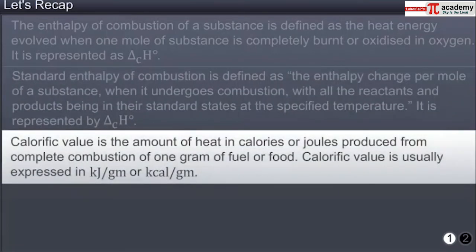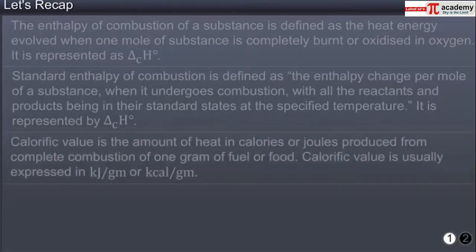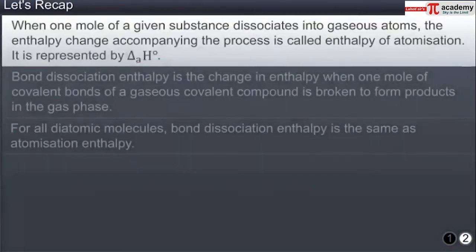Calorific value is the amount of heat in calories or joules produced from complete combustion of 1 gram of fuel or food. Calorific value is usually expressed in kilojoules per gram or kilocalorie per gram. When 1 mole of a given substance dissociates into gaseous atoms, the enthalpy change accompanying the process is called enthalpy of atomization.